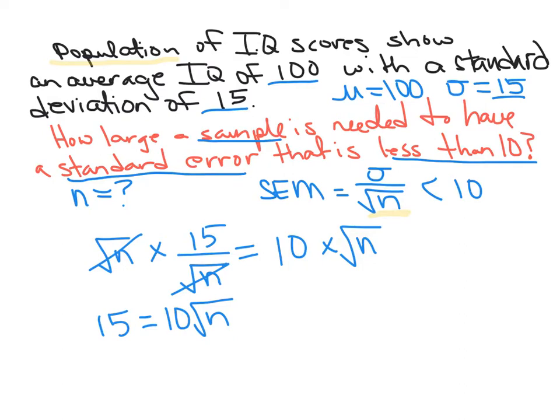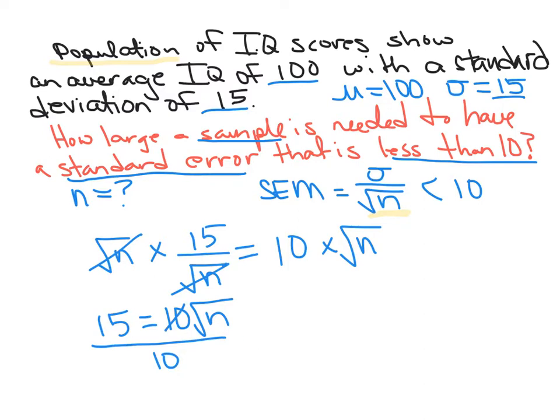Now, 10 times the square root of n is multiplying. To get rid of the 10, we do the opposite, so I'm going to divide both sides by 10. That cancels this out, and then just take your calculator and go 15 divided by 10.